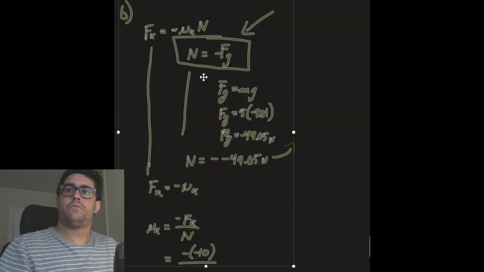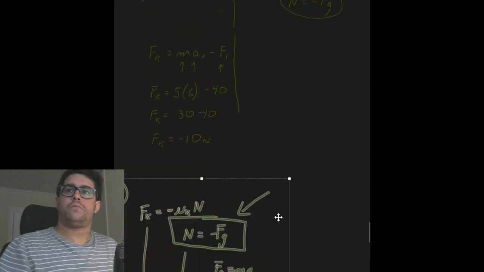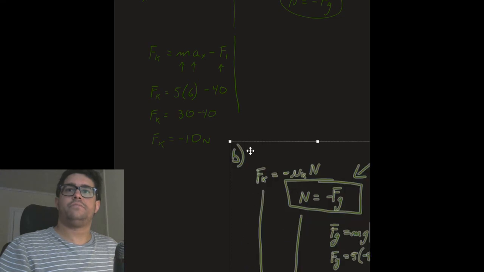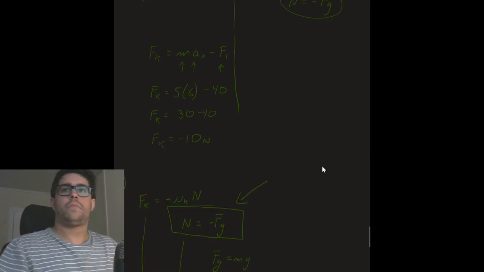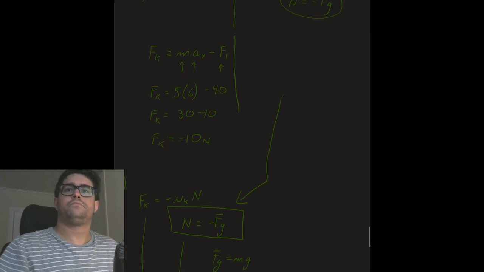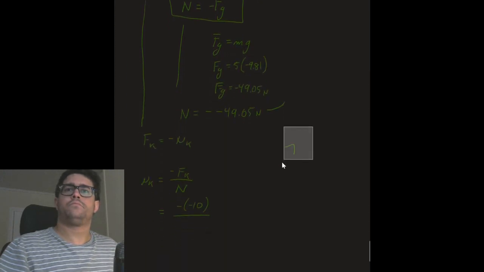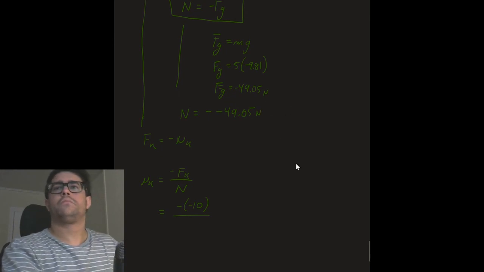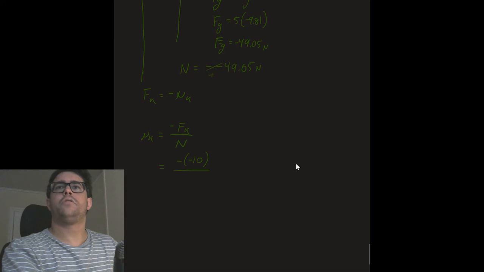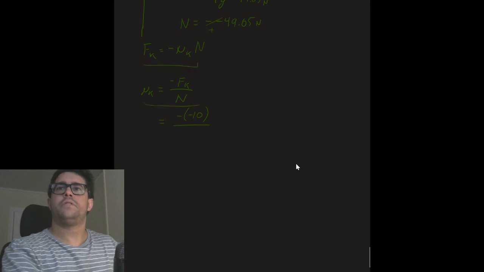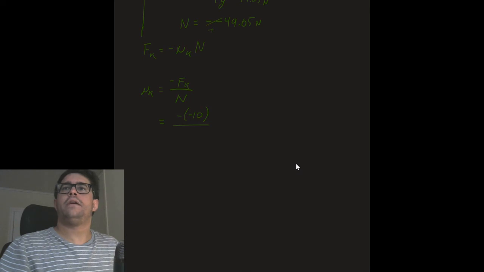See now. B kind of goes on this side. Plus N, so this becomes this, and then the N, 49.05, K mu K. Minus minus cancels out.